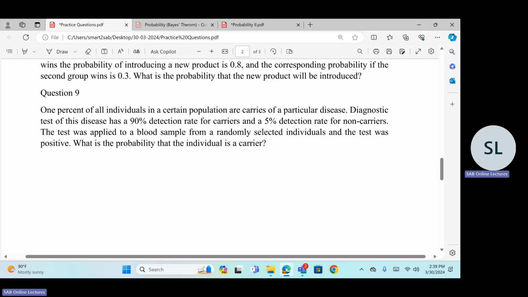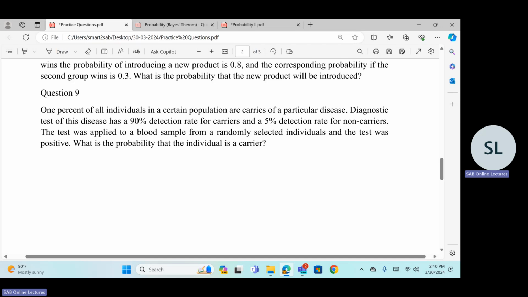Test is positive. If the test is positive, there are two chances. And the question asks, what is the probability that the individual is a carrier?